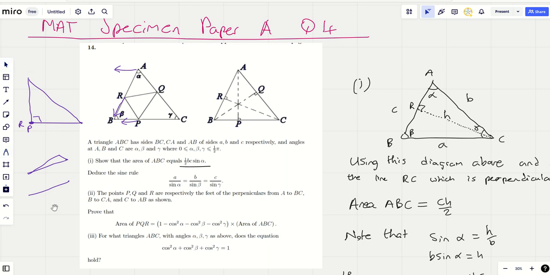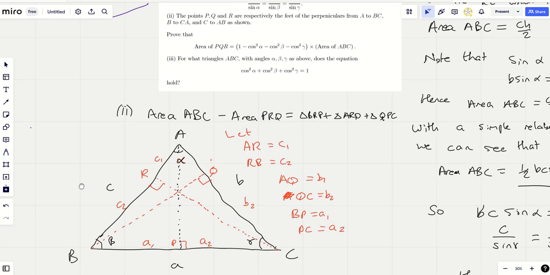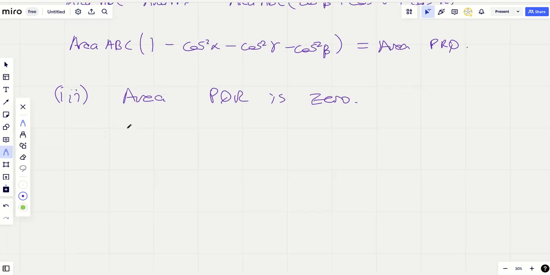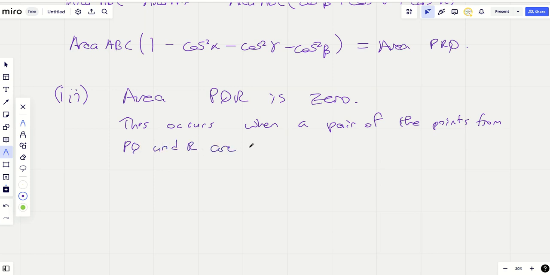I'm slightly worried about whether there'd be some other cases where you'd have that happening, but I couldn't see them, so I don't know what sort of marks I get for my justification. So I'd say this occurs when, how to put this precisely, when a pair of the points from P, Q, and R are in the same place.